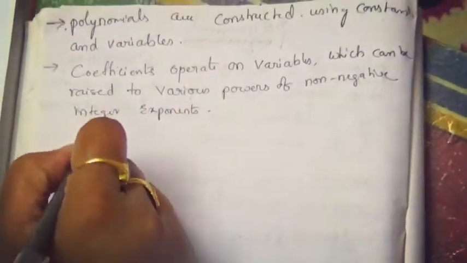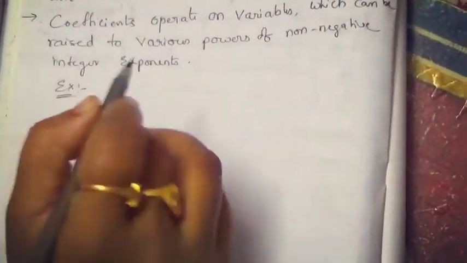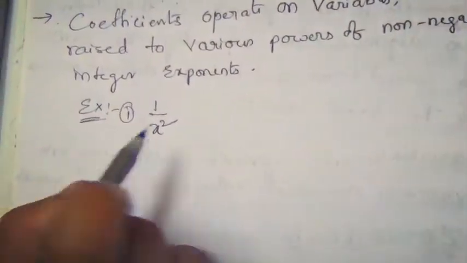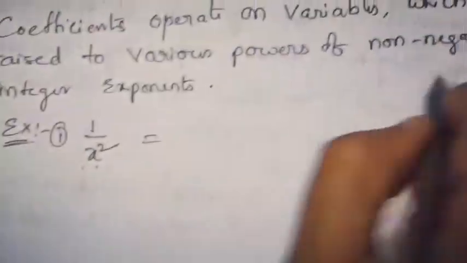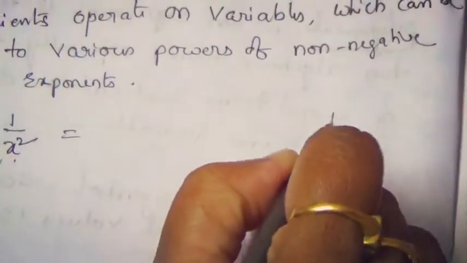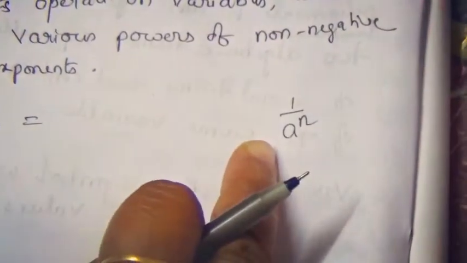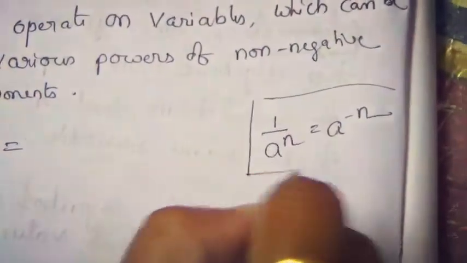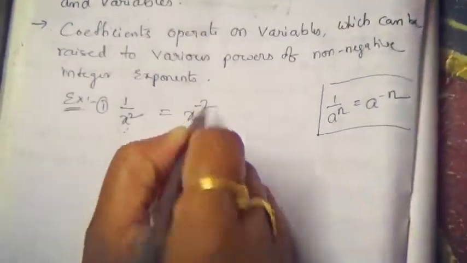For example, if the algebraic expression is just like this. The first example I am giving here is 1 by x square. How can we write this? In exponents and powers in your 8th standard, one formula is there: 1 by a to the power of n is equal to a to the power of minus n, right? What power do you get here? Negative. If we convert this using the formula, we get x to the power of minus 2, is it right?